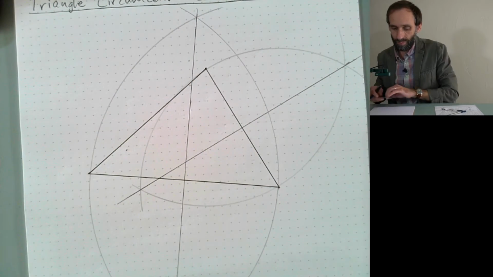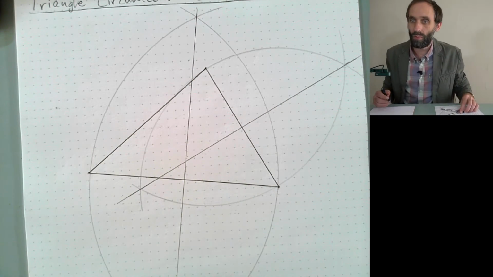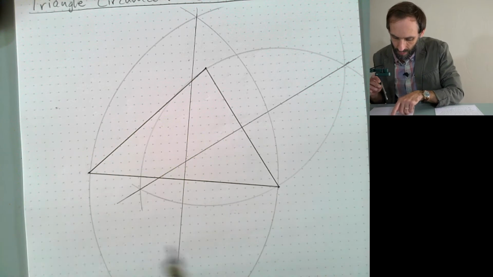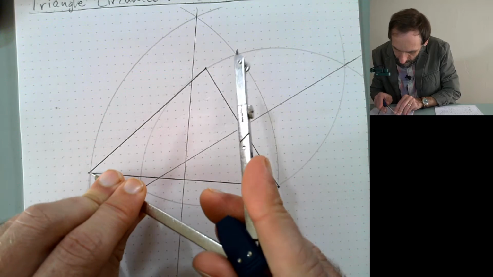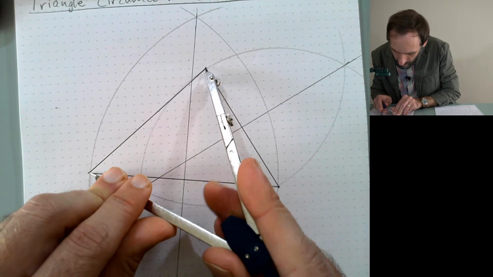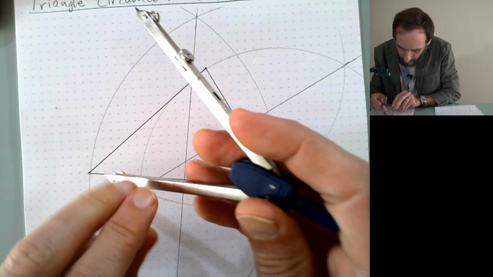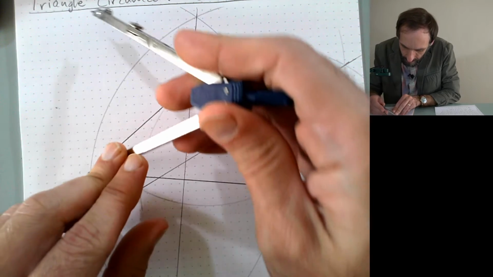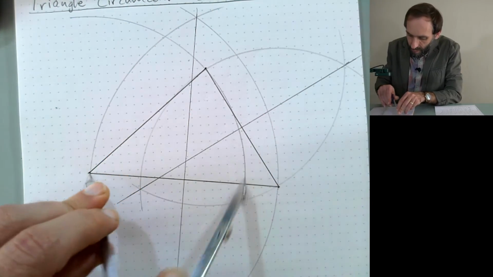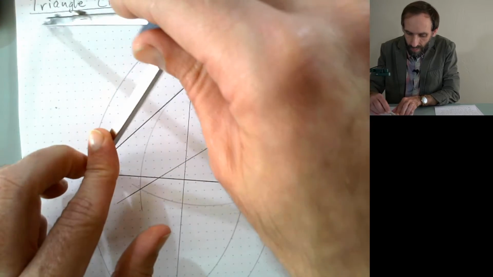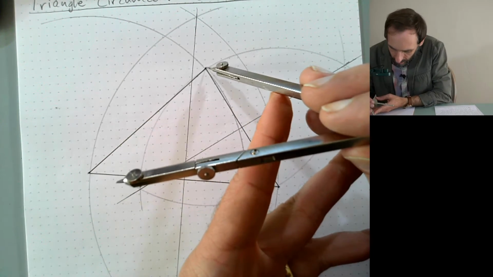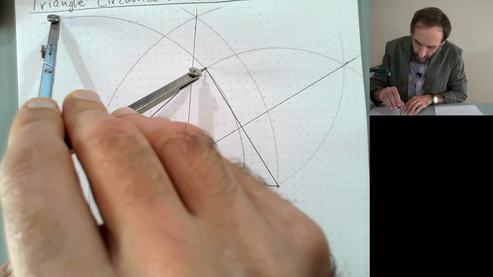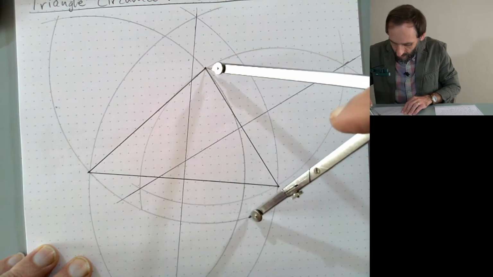There it is. And now I just have one more to do, which is on this side right here. So I'll set the compass to be this length here. Keep it in place. And then the other arc right here.